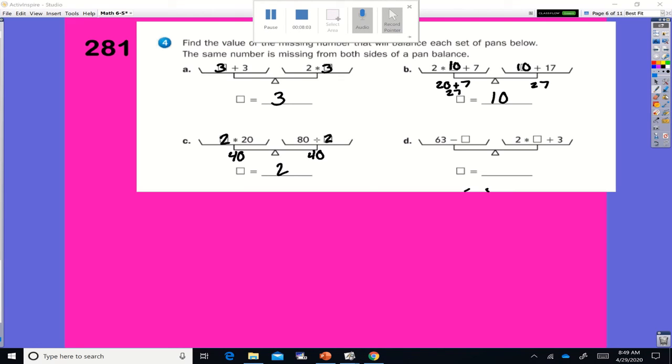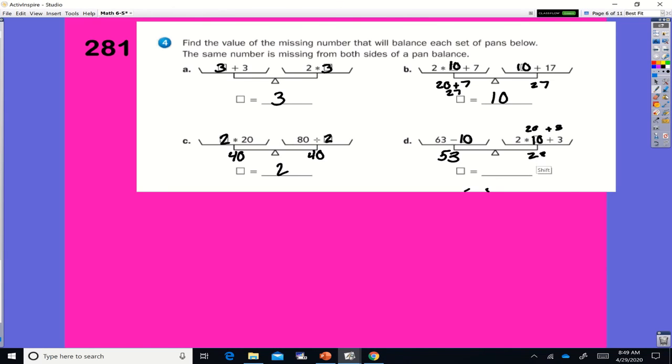Okay, so now we're going to look and see if we got the correct answer. Well, I'm looking here, and I'm going to start with 10, because I see that 63 is a lot bigger than these numbers over here. So if I put 10 in, that gives me 53. 2 times 10 is 20, plus 3 more is 23. This is a huge difference. So I'm actually going to go up by 10 more because we want to get these numbers as close as possible.